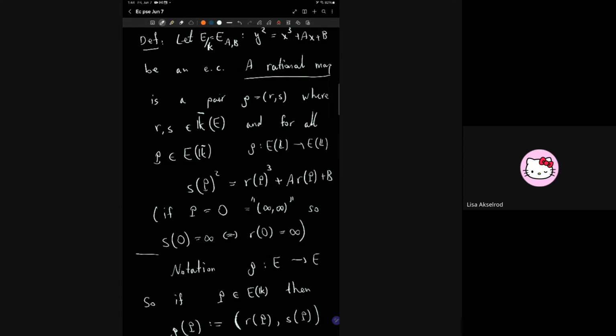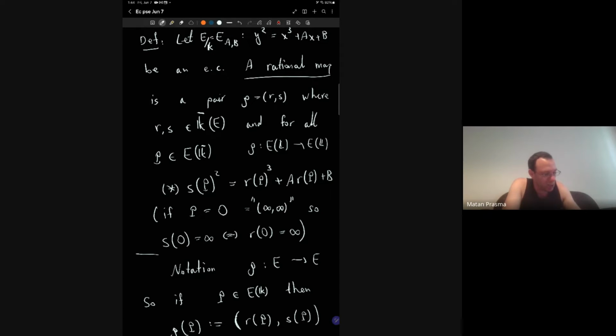That is, we need this equation to be satisfied for any extension L of K. But if this equation needs to be satisfied for any extension, it means that R and S need to be defined over the biggest extension of K, which is the algebraic closure.